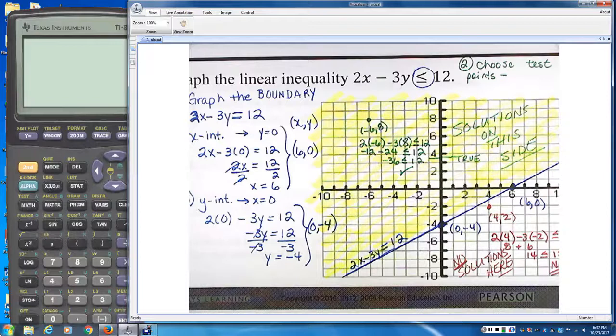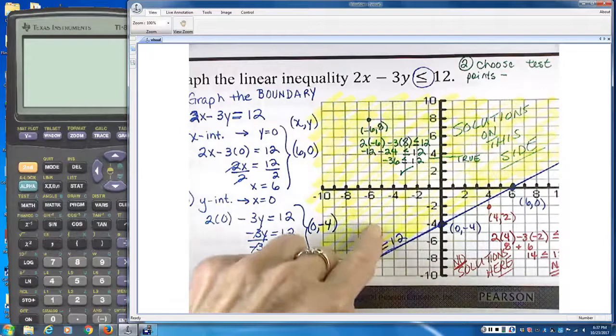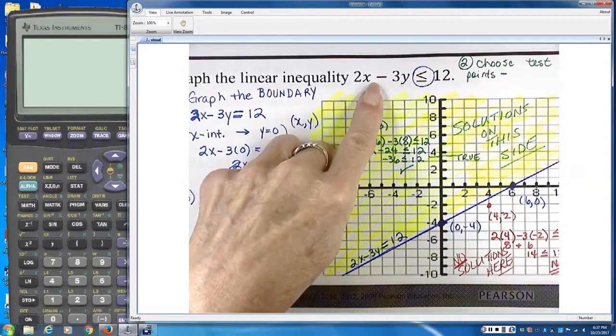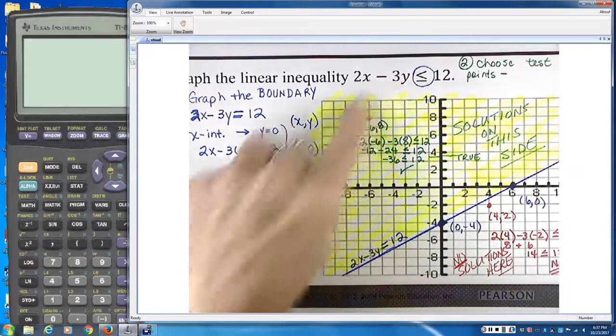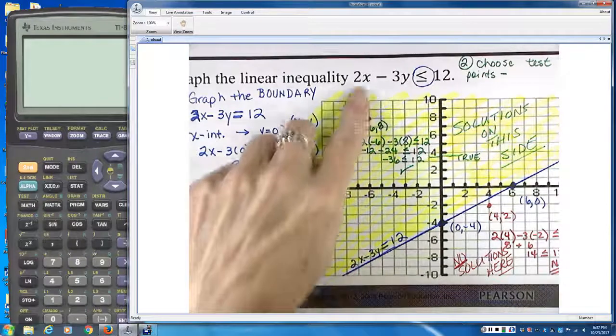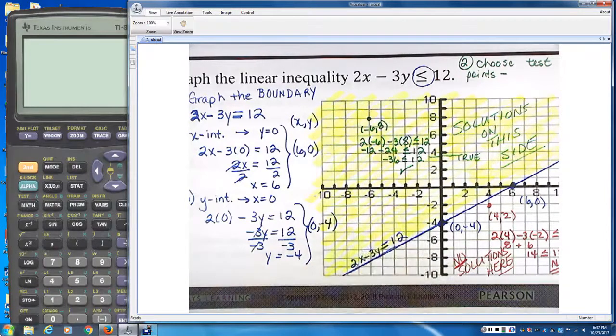By shading that, you're saying every point on this side of that line is a solution to that inequality. So all of these are solutions to the inequality. And the only way to find that solution is by graphing. There is no other way. Okay? Does anybody have any questions about the method?